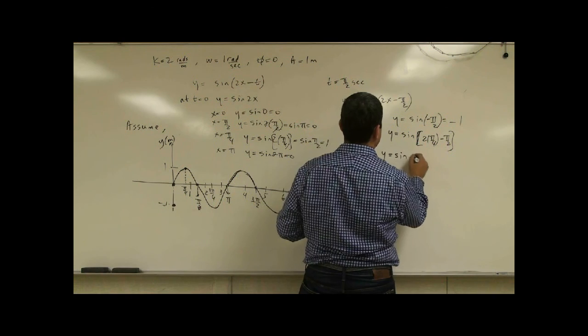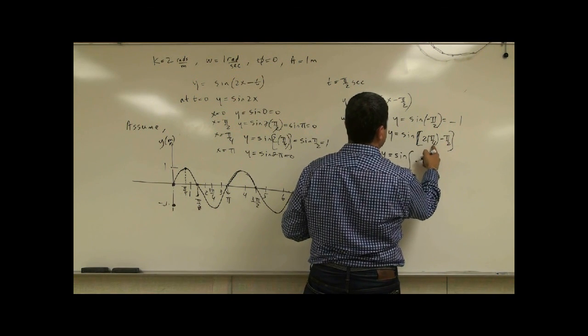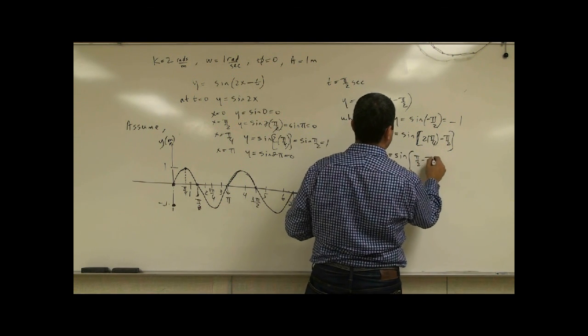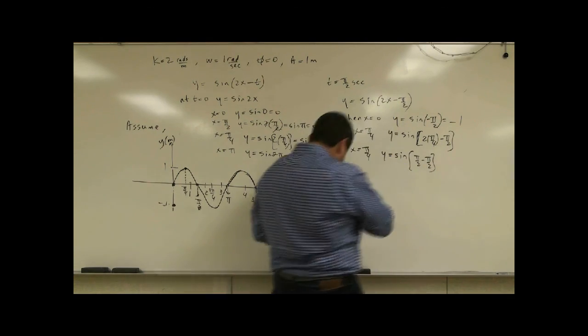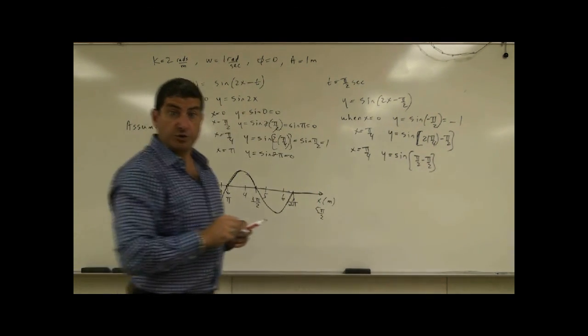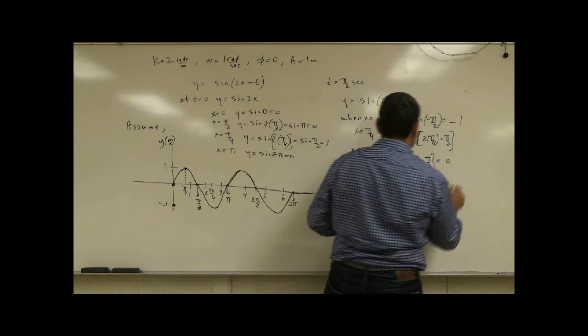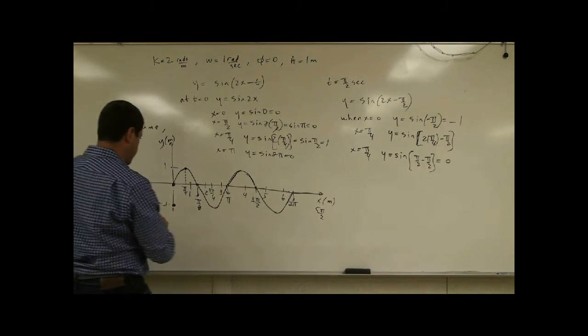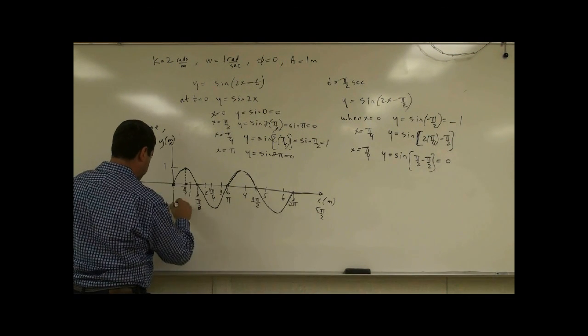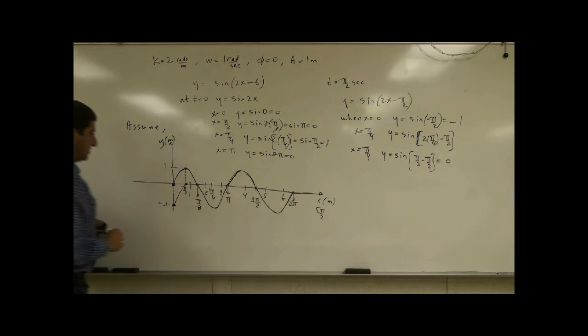This is 2 times pi over 4, that's going to be pi over 2 minus pi over 2. So that's sine of 0, which is 0. Right? So the wave at pi over 4, it goes like this. The wave has gone like that.